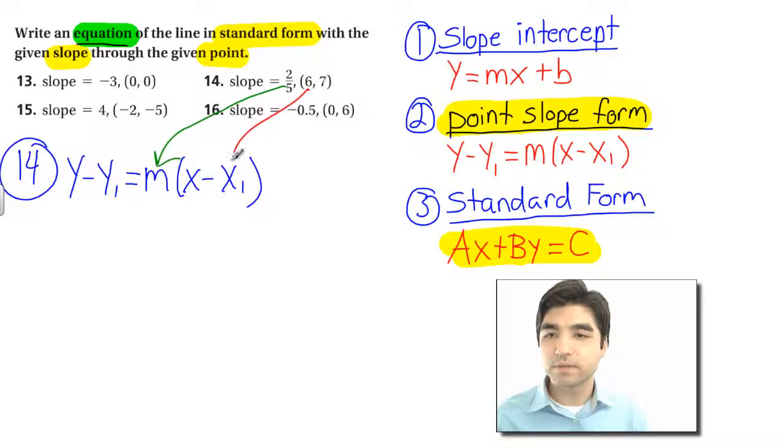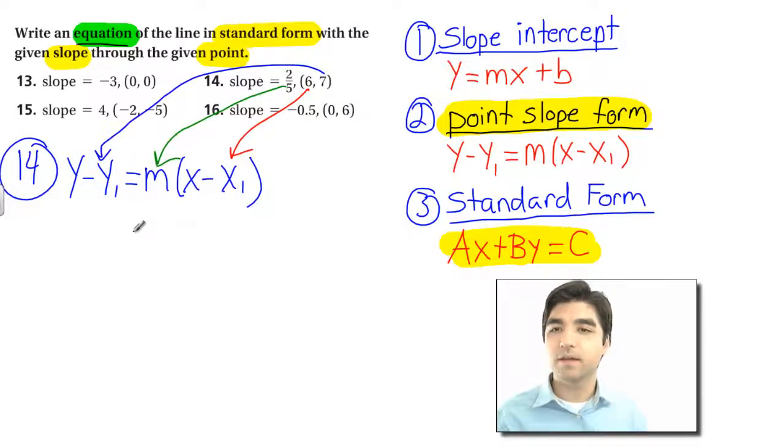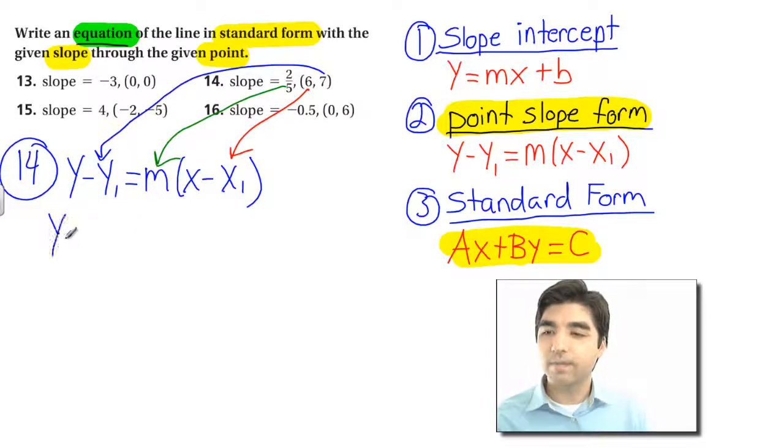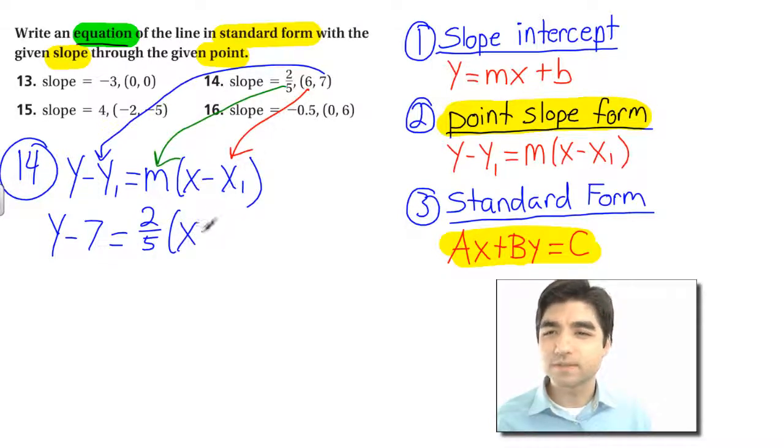The 6 goes here, and then our 7 goes over here. So we have y minus 7 equals 2/5 times x minus our x1, which equals 6. Okay. So then we can just simplify it.